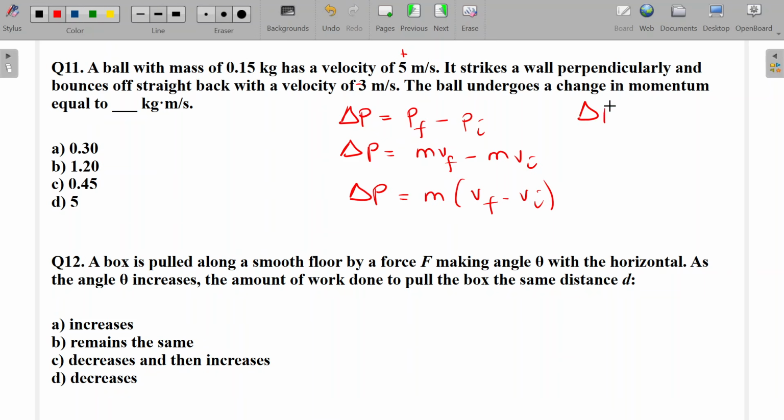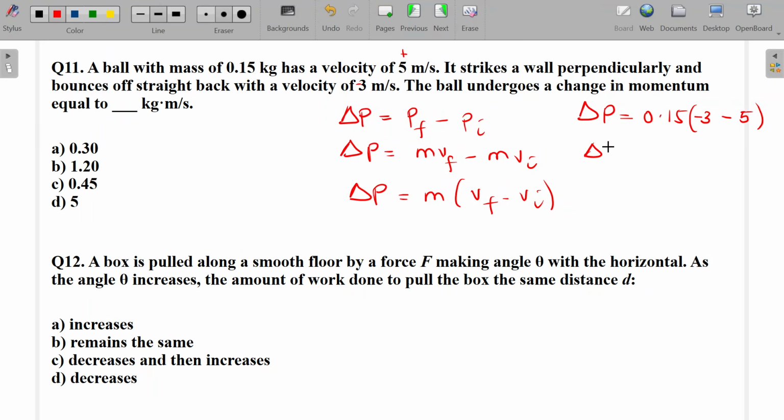The mass is 0.15 kg. Then the v final is negative 3, minus the initial velocity, which was positive 5.